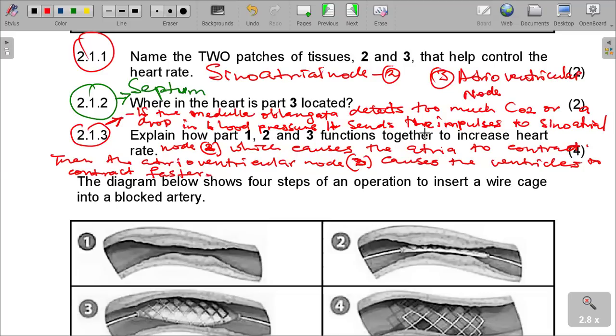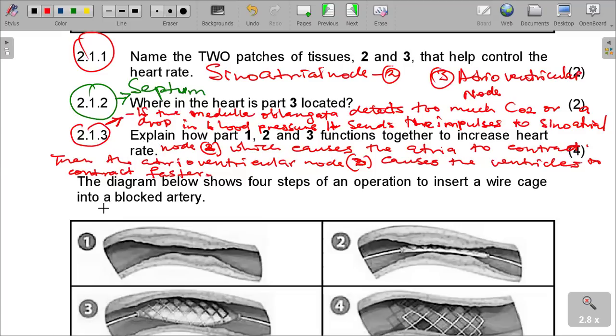Then the atrioventricular node, which is 3, causes the ventricles to contract faster. That is how they increase the heart rate.